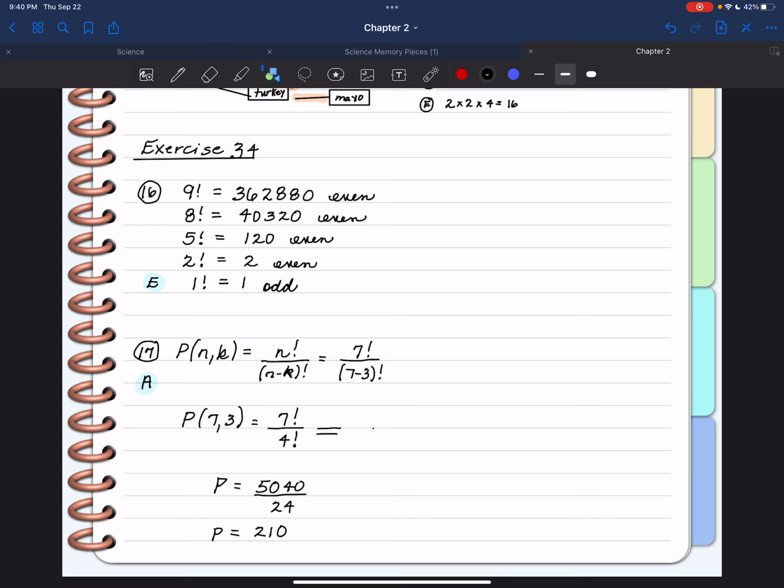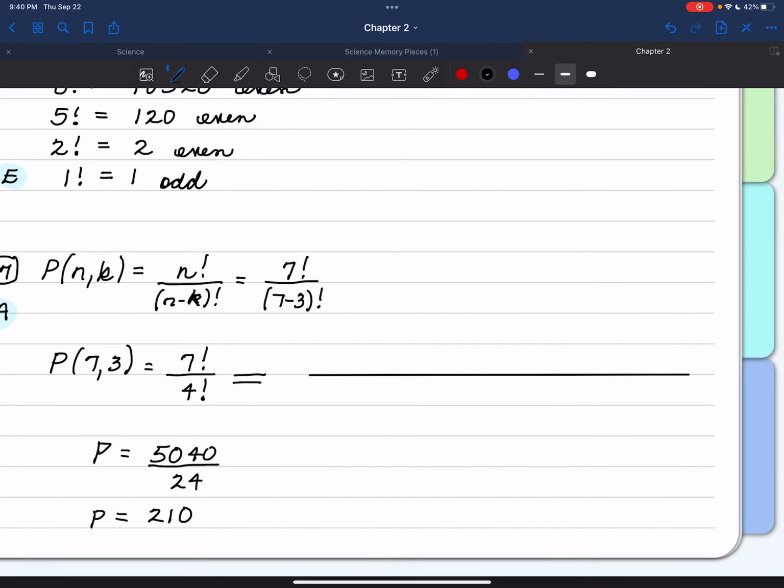Draw yourself a big old fraction bar. And on the top, we're going to put 7 factorial. So we're going to say 7 times 6 times 5 times 4 times 3 times 2 times 1. And on the bottom, we're going to put 7 minus 3 factorial, which is 4.